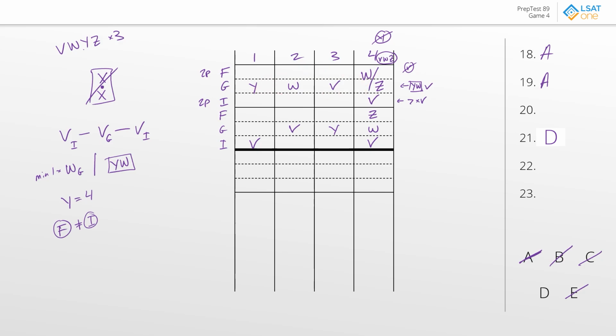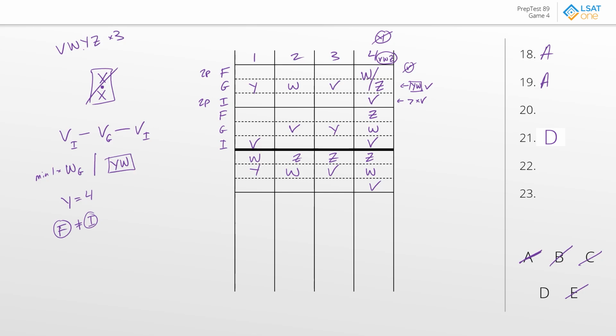Let's see what we can do. If we do Y, W, V, and then V goes here. Now, since we already had the Z in that 4th position potentially, could we do something like W can go here, and then this would be a Z, and then we can run 3 Z's in a row over here. And actually, yeah, why not? So the 3rd W could go into this position, and that would just open the last.